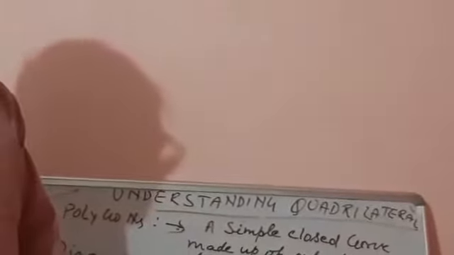So before coming to the topic Understanding Quadrilaterals, let me talk about how we start and explore with a small piece of information. Whenever we start to talk about geometry, the very first thing that comes to our mind is the point. Once you rotate that point, it gives you an idea of a line.